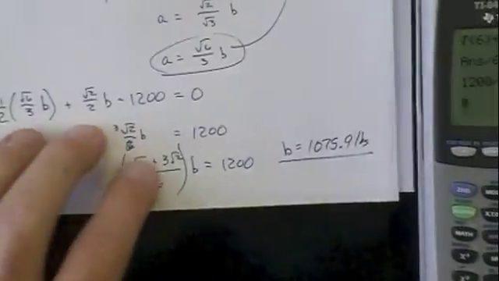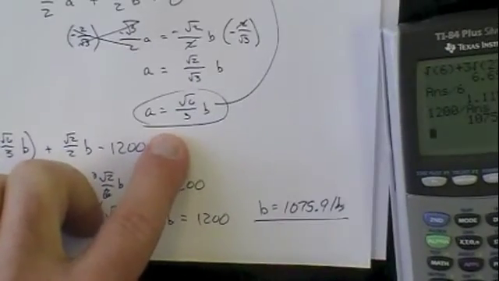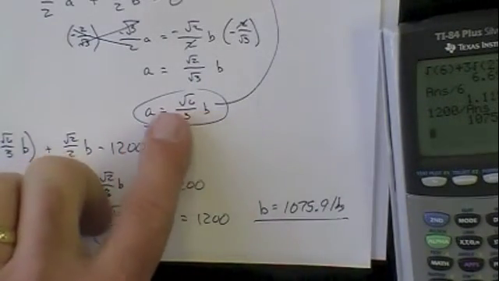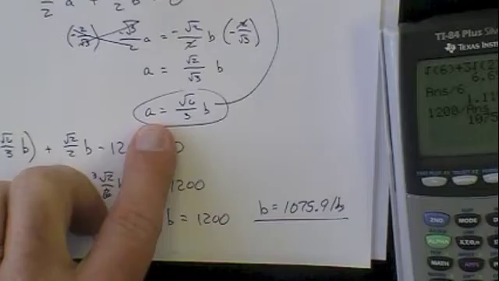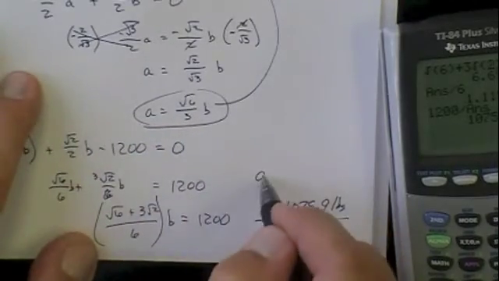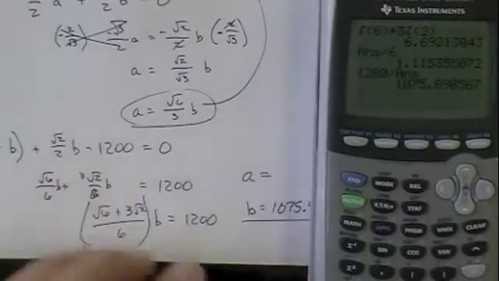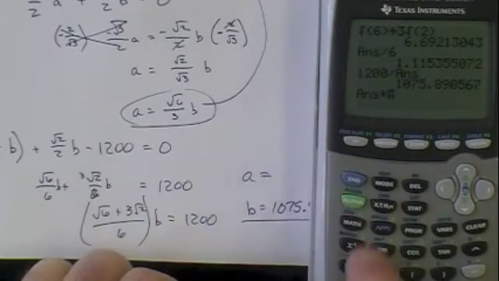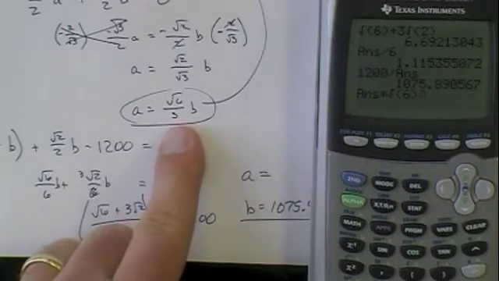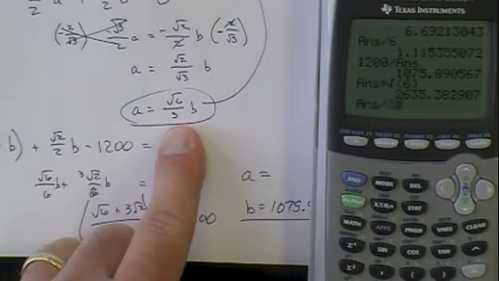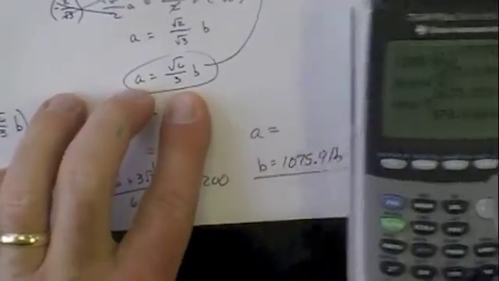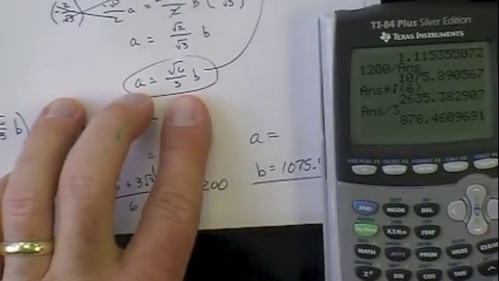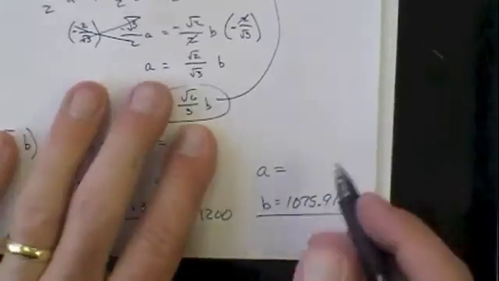Now the next thing we do is go back to what we just solved here for a, and we can find the force then on a. Again, let's plug that into the calculator. So we'll take that value times the square root of 6 and then divide that by 3. And then the force on a is 878.5 pounds.